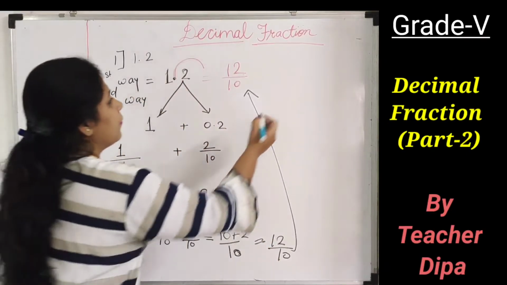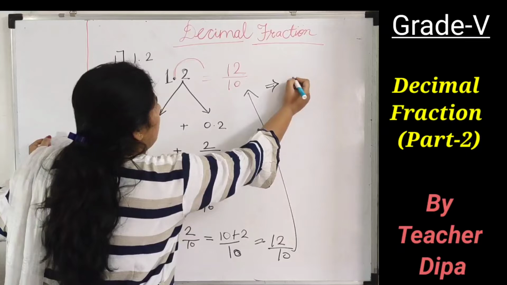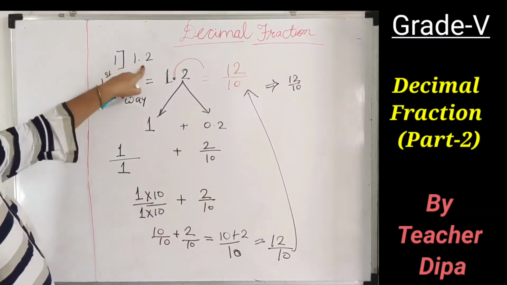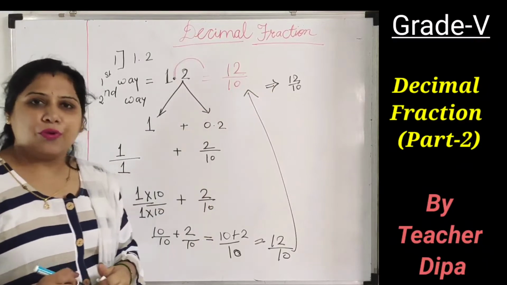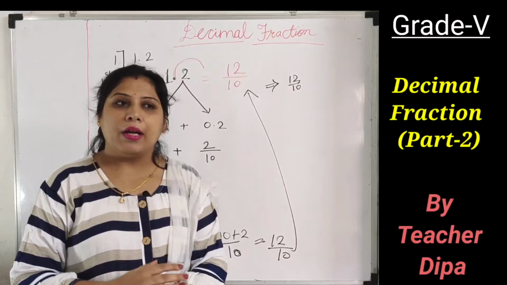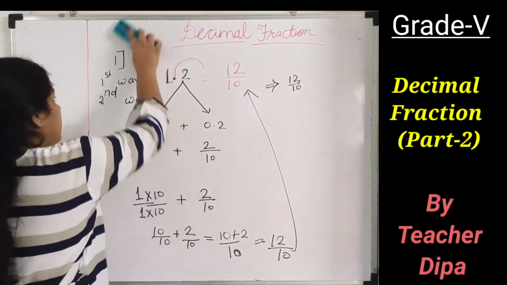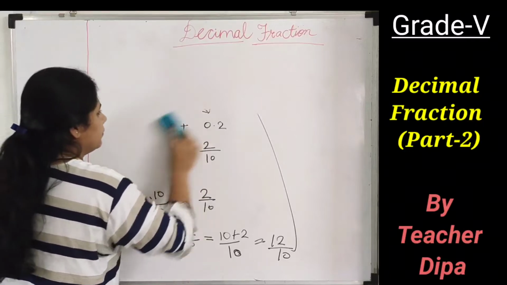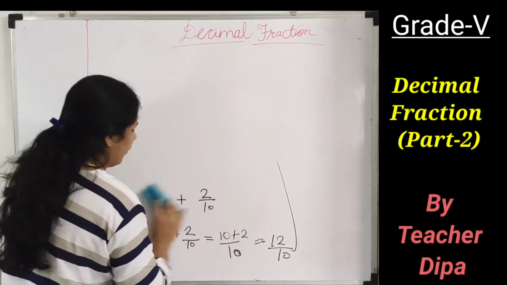So the answer for this is 12 upon 10. This is the conversion of 1.2 into fraction form. I hope you are getting it. For clearing this topic in a very simple way, we can take another example. So for that, the next sum which I have, we can take any number.